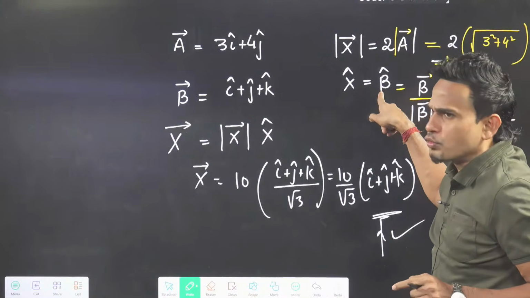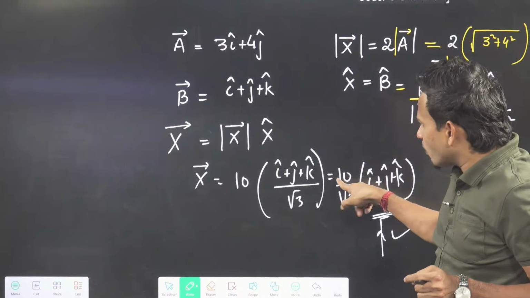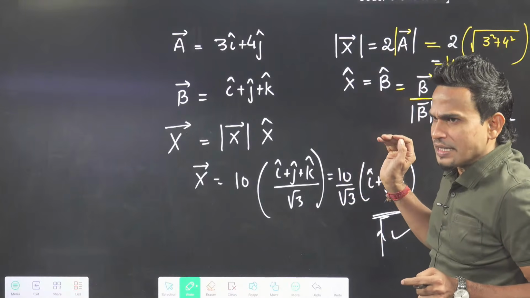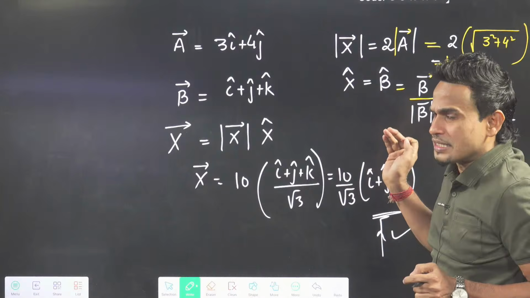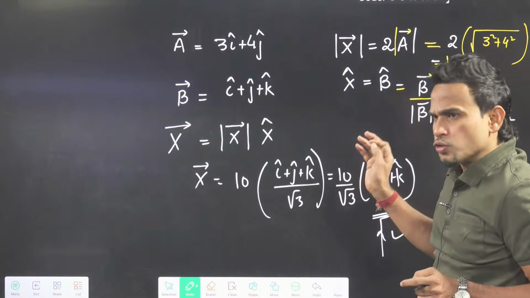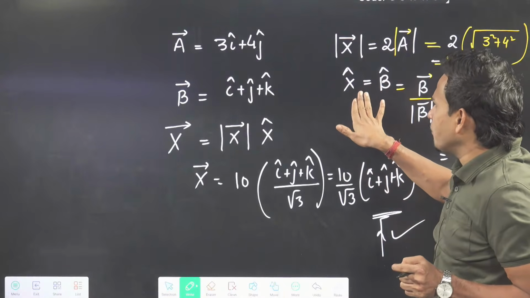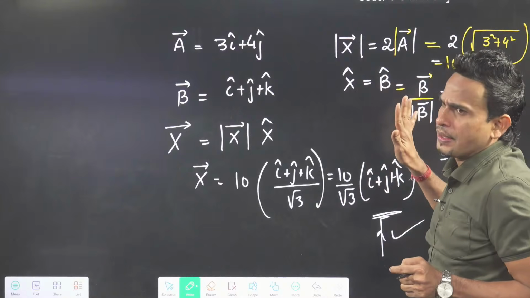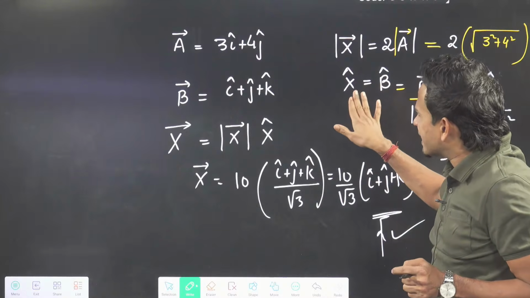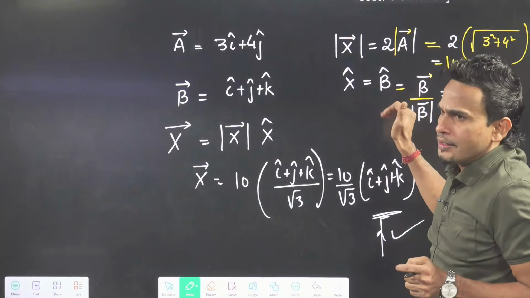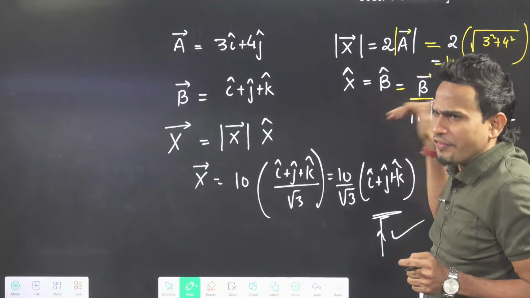Here we have to keep minus, so ultimately here also minus will come. Sometimes they say direction same, sometimes direction opposite, but the same concept applies. When direction is same, unit vectors are same. If direction is opposite, then x cap will be minus of B cap. That is the meaning of opposite direction, reverse direction.